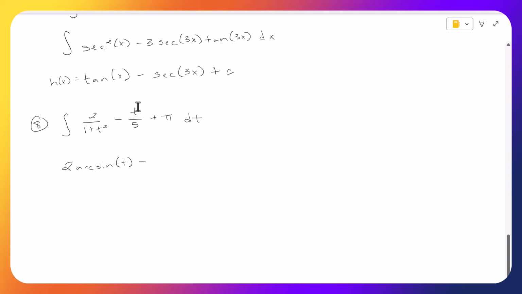And we're going to have a t squared. And then we're dividing by that same exponent, so dividing by 2. So we have t over 5 divided by 2. That's going to end up being t squared divided by 10. And then this is just a constant, so plus pi t plus c.